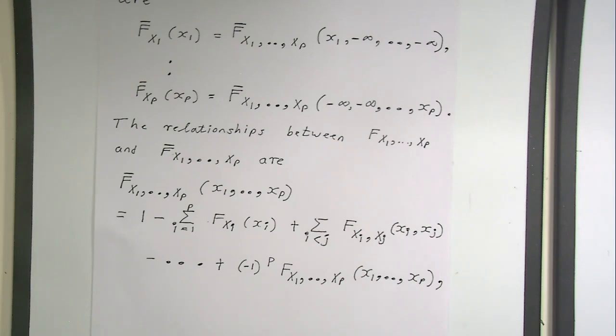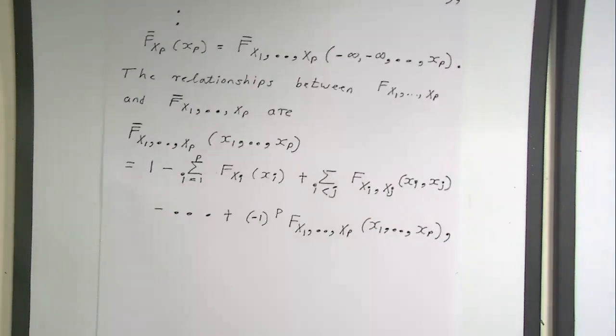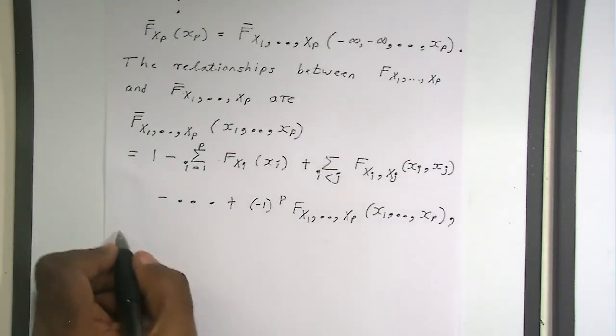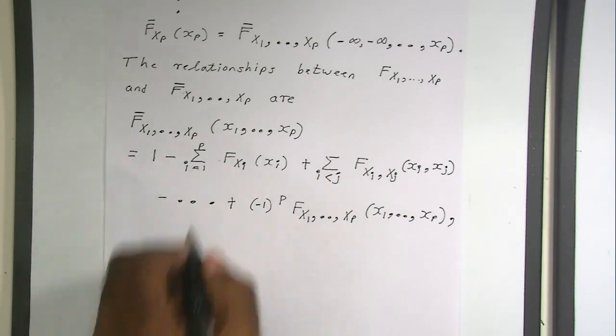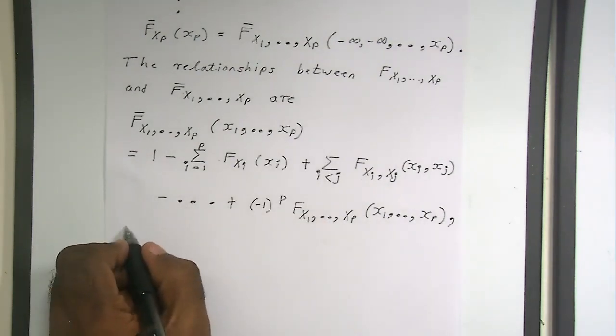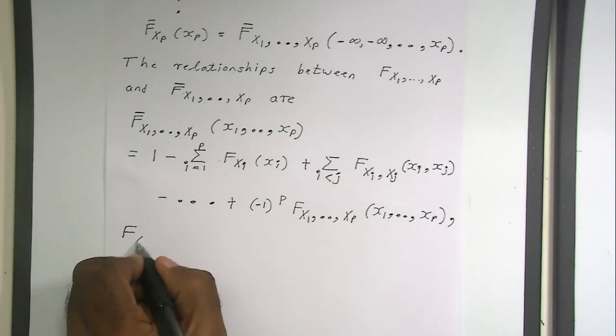This is the last term. Again, I don't expect you to know how to prove this, because it's not trivial, but it can be proved. This is the first relationship. The second relationship is F in terms of F bar.